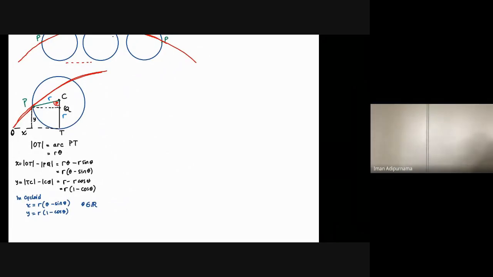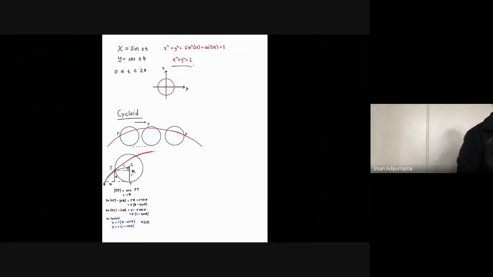I think I will just skip the exercise part for 10.1 because mostly it's about the description of the curve, etc. You can just use your computer if you want. And I will go directly to 10.2.